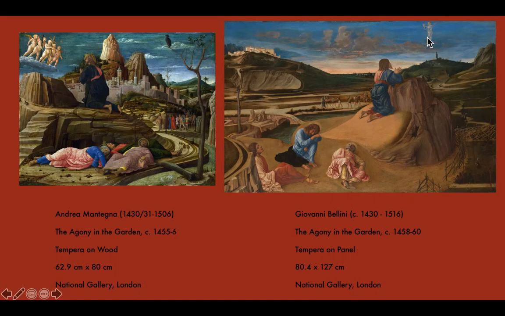Whereas in Bellini's one, it's just one angel, depicted as a vision coming out of the clouds. It's almost like a glassy, transparent, ghost-like vision. Very different from the Mantegna.